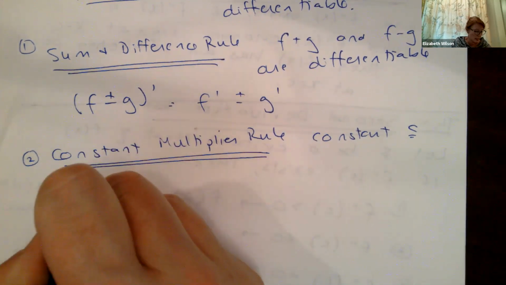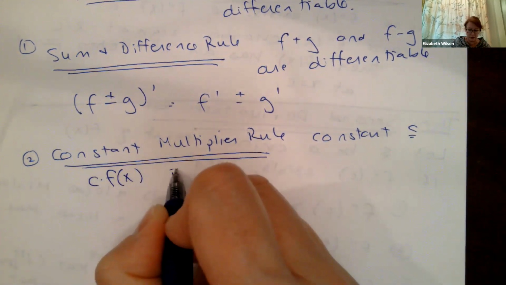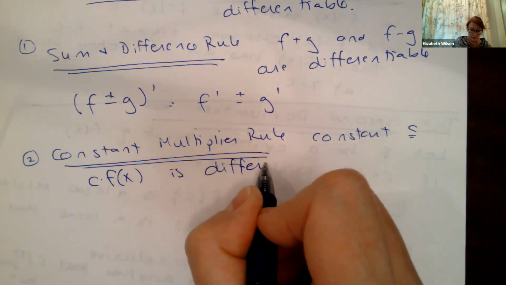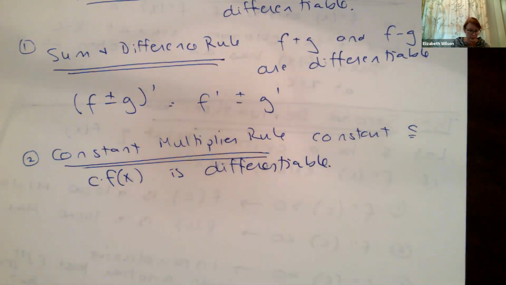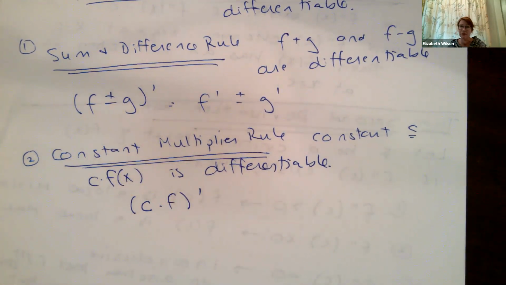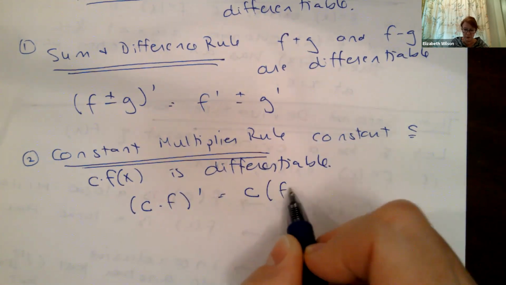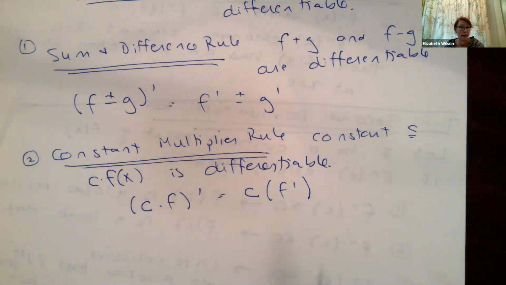So if c times f, let's say f of x, is differentiable, then when you take the derivative of c times f, that's like saying I'm going to pull the c out, take the derivative of my function, and then multiply it back in later. We'll do examples so you can see what this looks like. Basically, if I've got a constant times a function, I can yank that constant out, take the derivative of the function, and then multiply the constant by the derivative later.